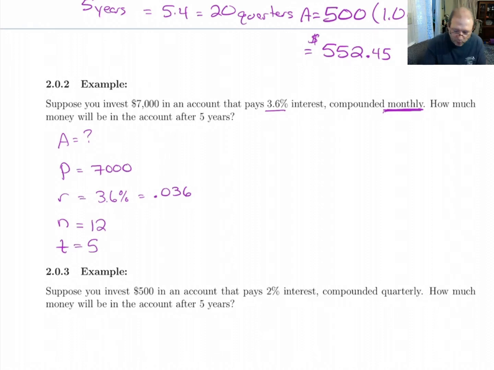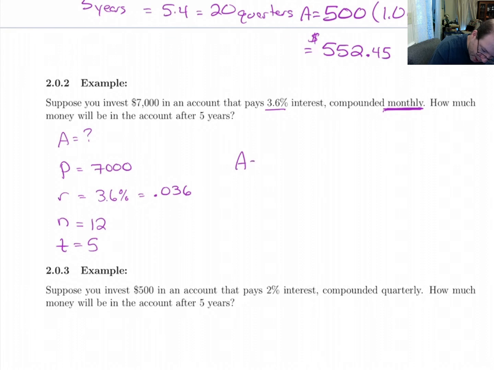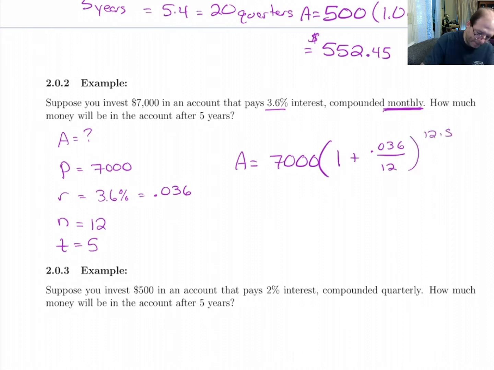So we can take all this and just plug it straight in. The amount we'll get is 7,000 times 1 plus r over 12, raised to the 12 times 5. Now I'm going to put that into my calculator. 7,000 times 1 plus 0.036 over 12, raised to the 12 times 5.